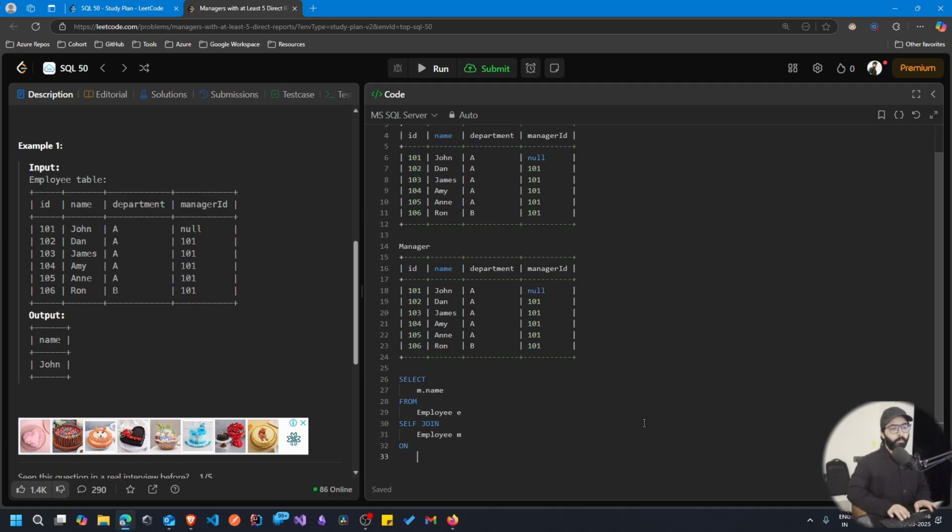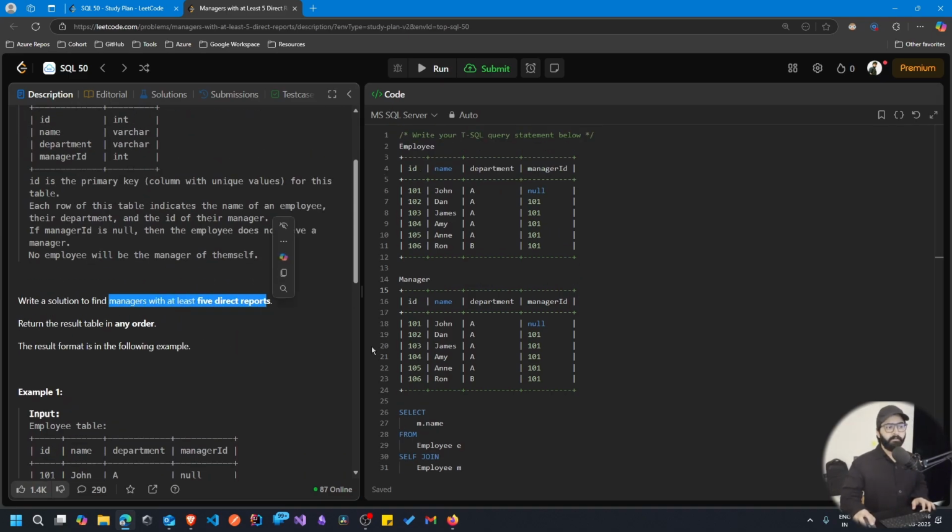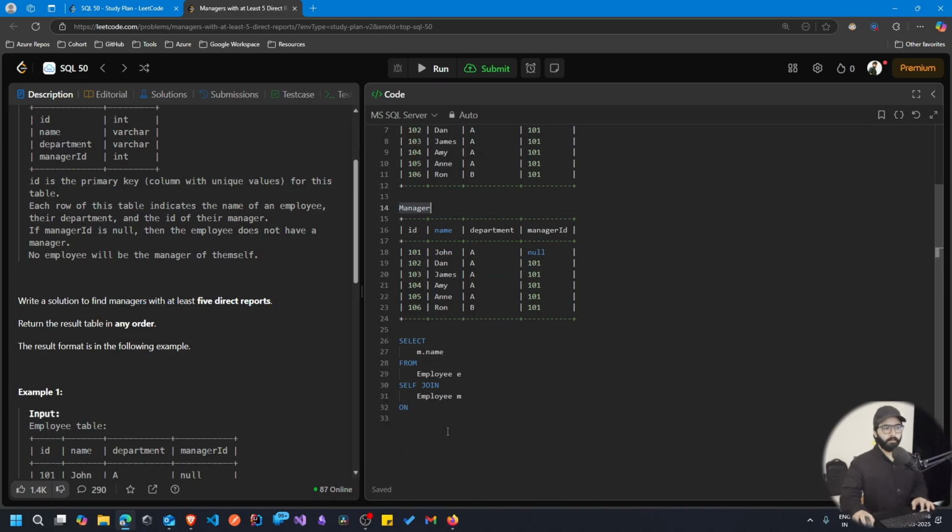Now what will be the condition? We have to select the manager ID who has at least 5 direct reports, so on e dot manager ID equals m dot ID.